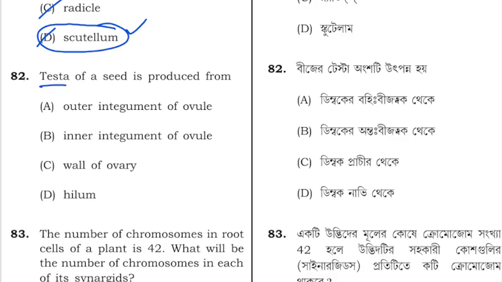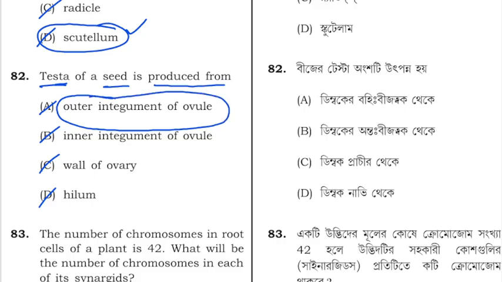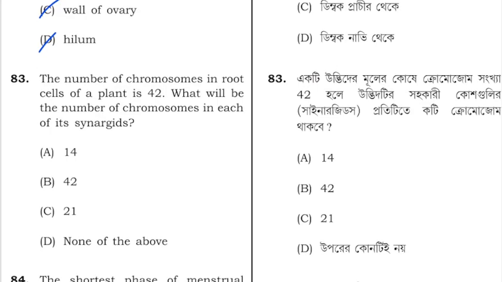Next question is, testa of seed is produced from. Option A, outer integument of the ovule, inner integument of the ovule, wall of ovary, or hilum. So this testa is formed from the outer integument of the ovule. Next question is, the number of chromosomes in root cell of plant is 42.